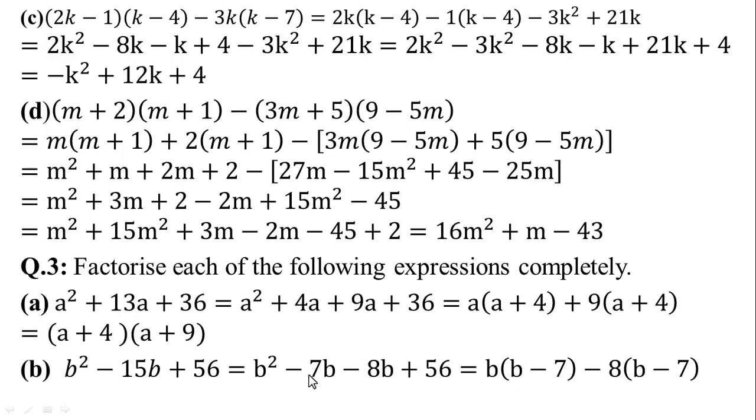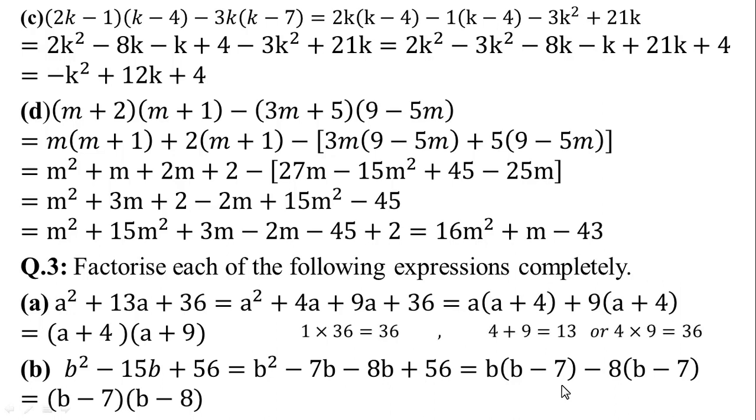Taking b common in the first two terms, b into b minus 7. And in the next two terms, minus 8, the remaining answer is b minus 7. Both terms have b minus 7 common. So we have b minus 7 into b minus 8.